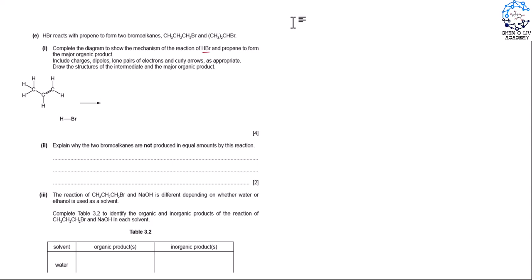Now here hydrogen bromide has a dipole, bromine being electronegative, so it is delta minus and this is delta plus. So this double bond is going to attack the hydrogen and this HBr bond is going to break. This is step 1.